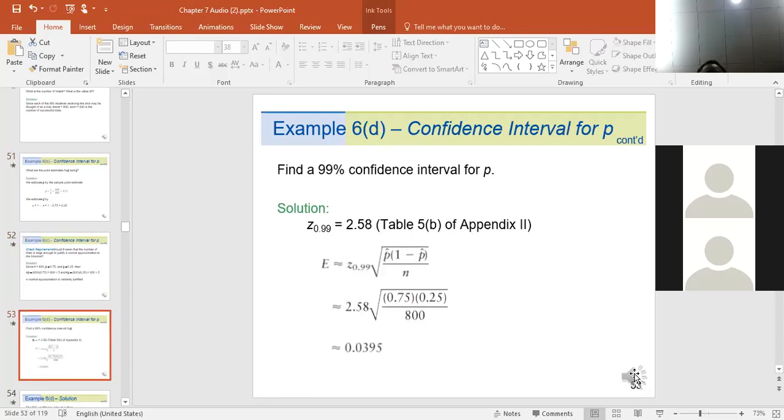So we have checked the requirement here. Find a 99% confidence interval for p. For C equals 99%, what is z alpha over 2? 2.58.